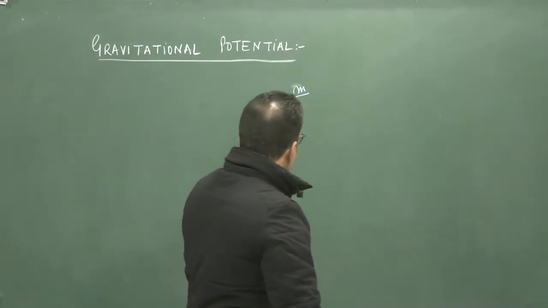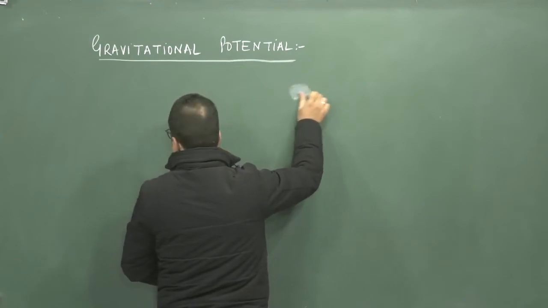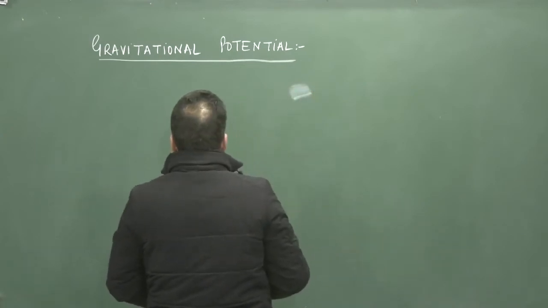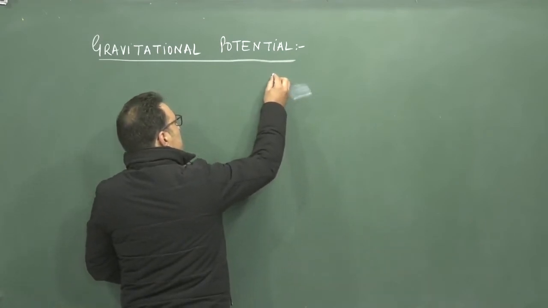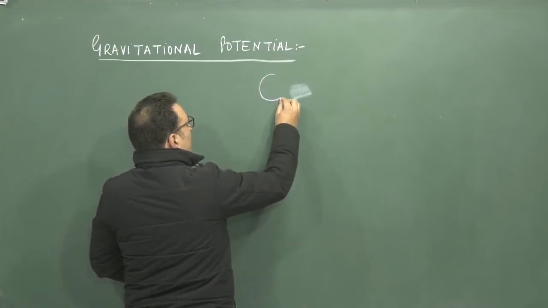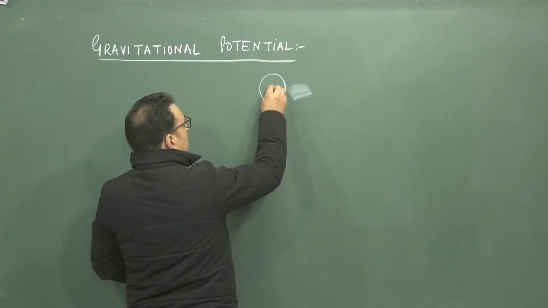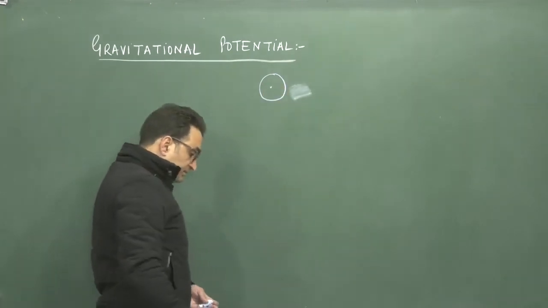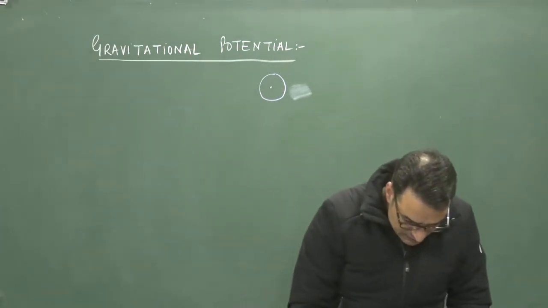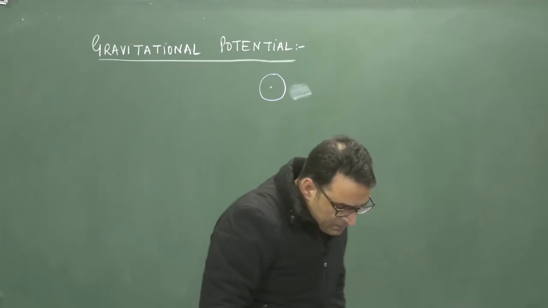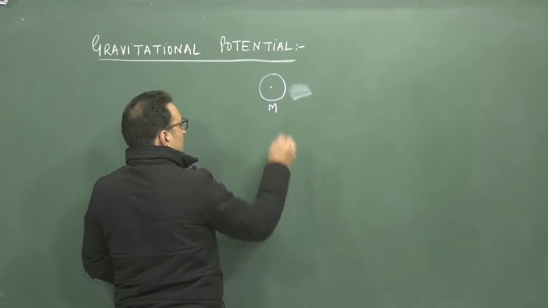Now it is required to define the gravitational potential. To define the gravitational potential, let me consider an object of a certain mass. Let its mass be m.